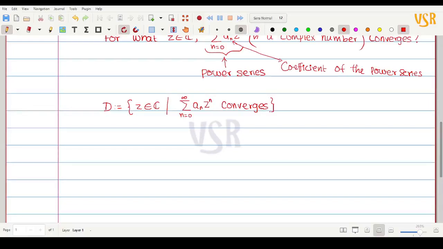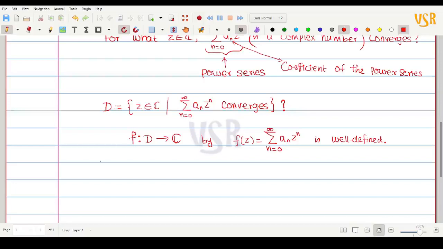This is a domain. If it converges, then we can define a function f from D to C by f of z equal to summation n equal to 0 to infinity an z to the power n, which is well defined. Now we are going to find out what D is and how it looks.